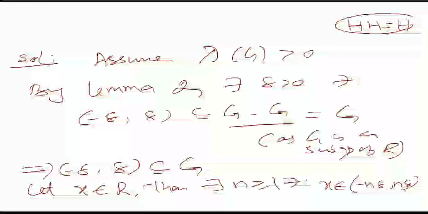But that will give x belongs to G, because (minus delta, plus delta) is a subset of G and G is a group under addition.